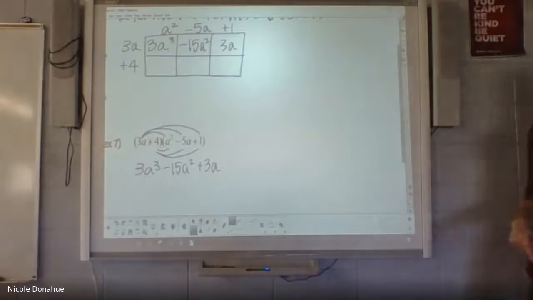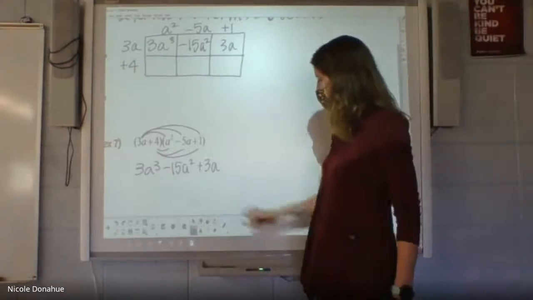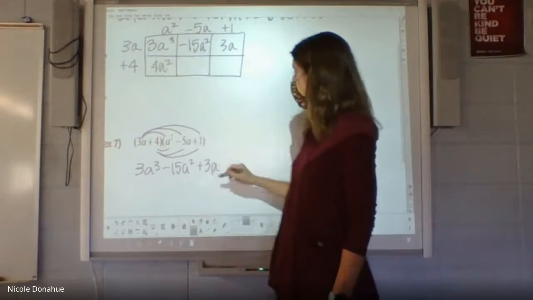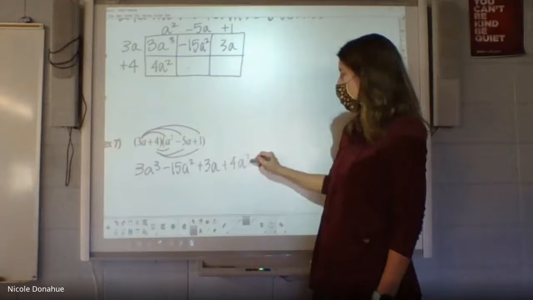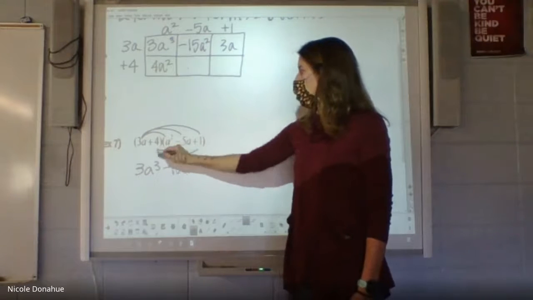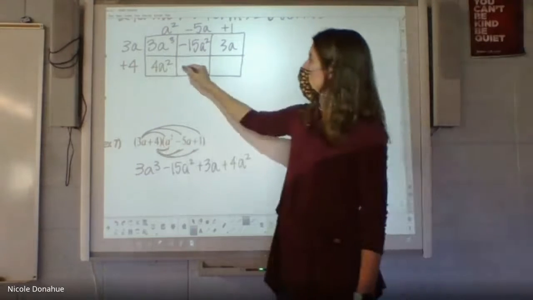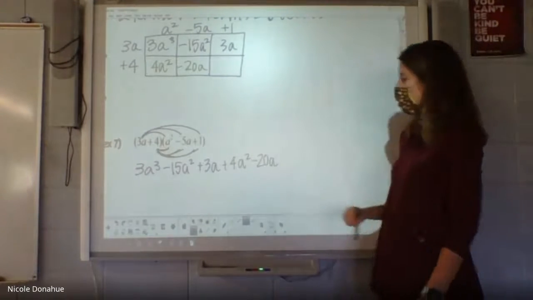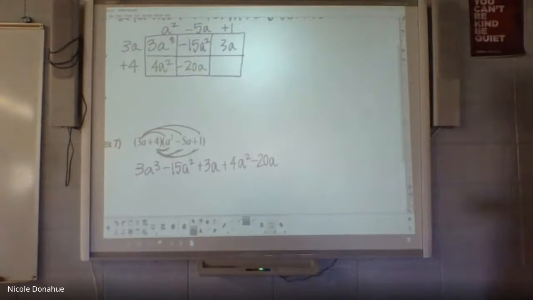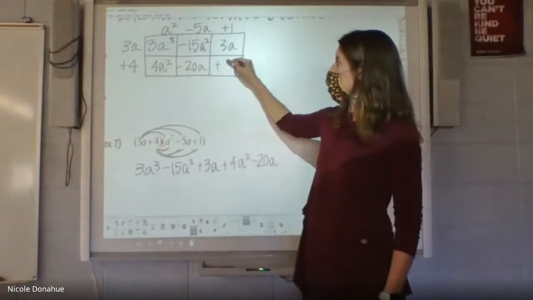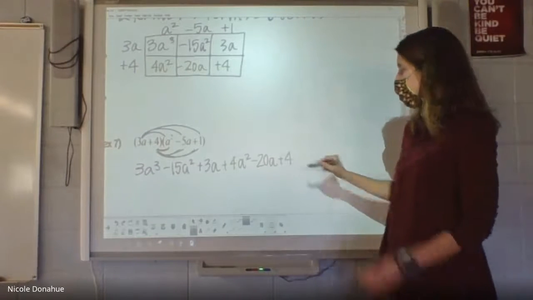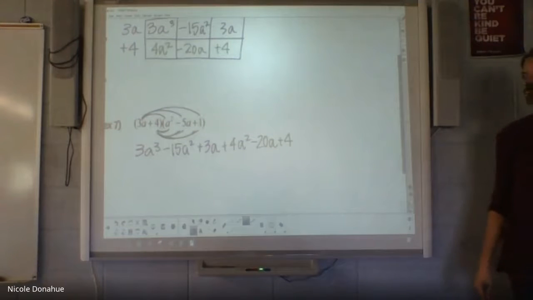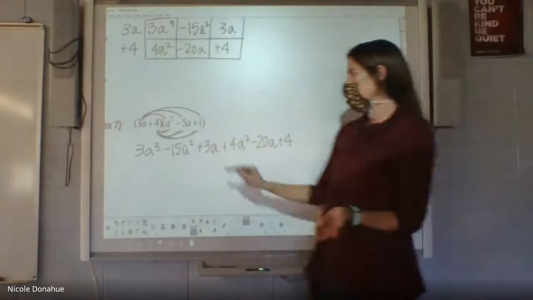Then I have to do the same thing with the 4. So all the way across with the 4. So this is being multiplied. And then last. So in this case then, I still have to combine like terms.